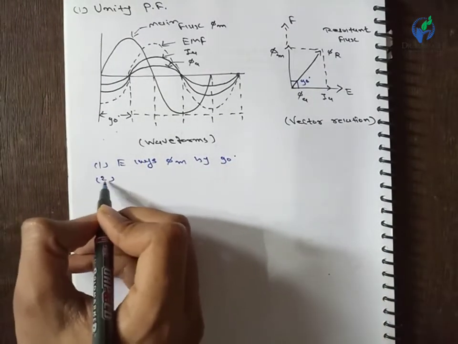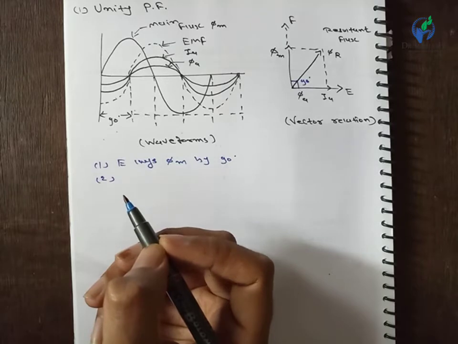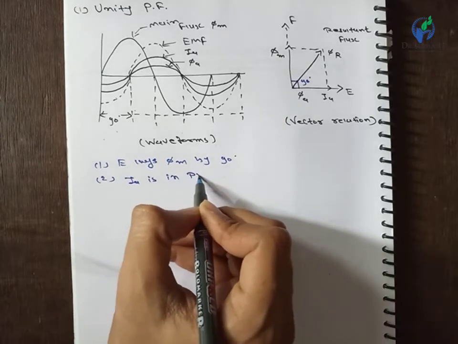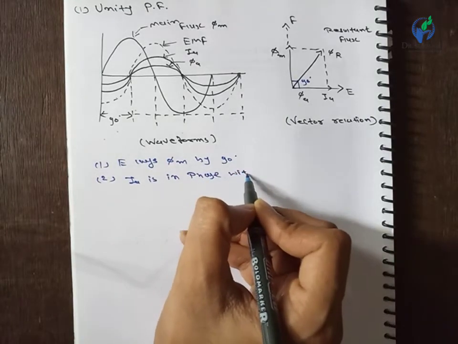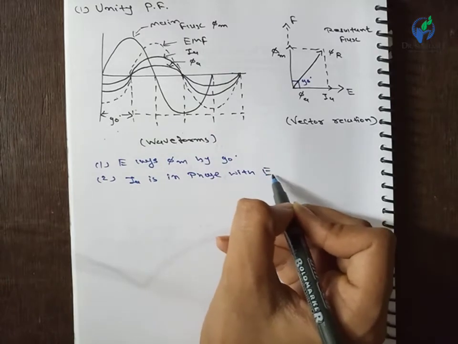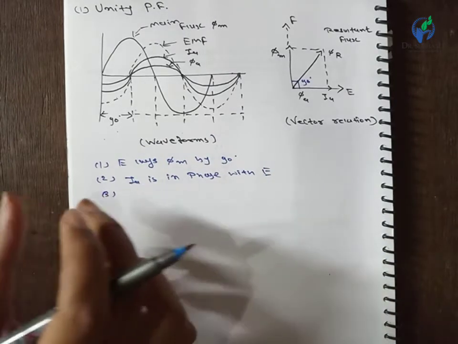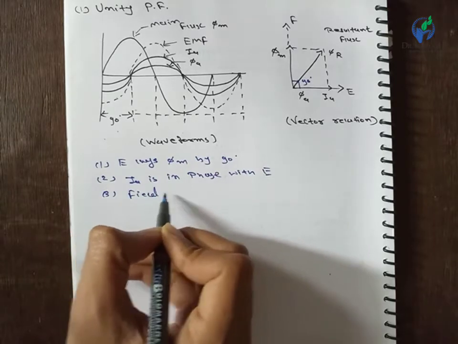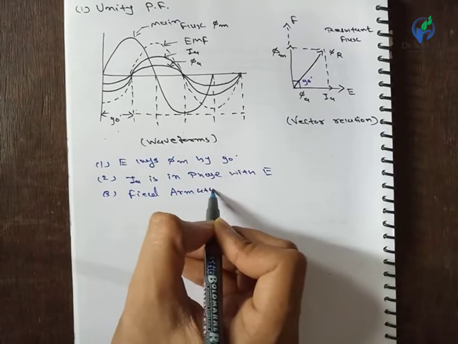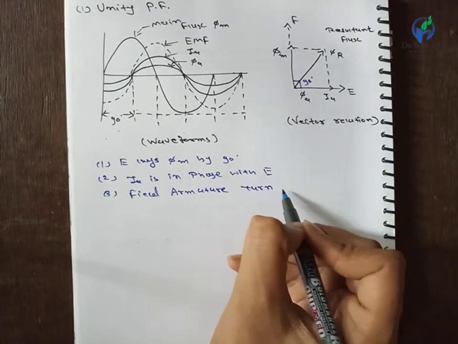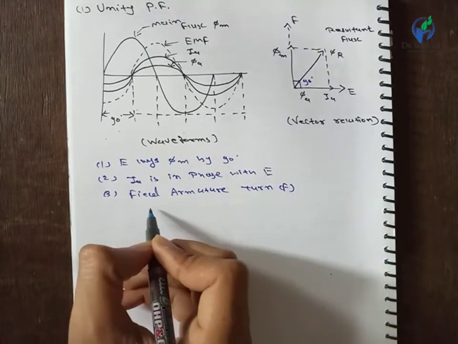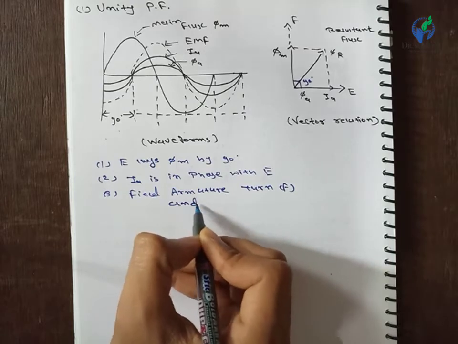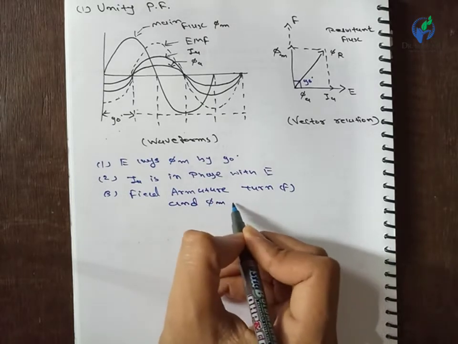The second point is that the armature current is in phase with EMF E. The third point is that the field armature turn F and phi m are in phase.